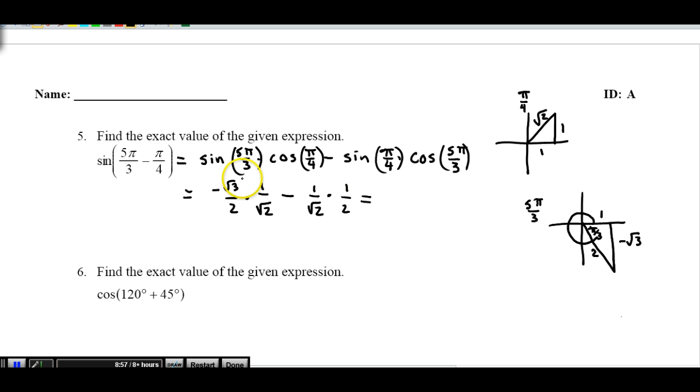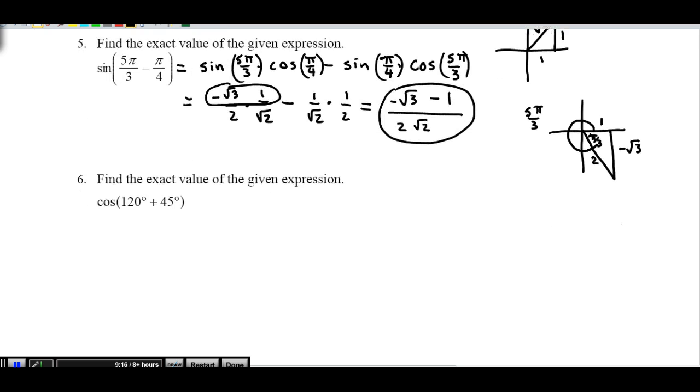So simplifying this, I multiply these two and I get negative root 3, and I subtract the 1, and this is over 2 times the square root of 2, which is the denominator. Okay, so that's the answer for problem number 5.